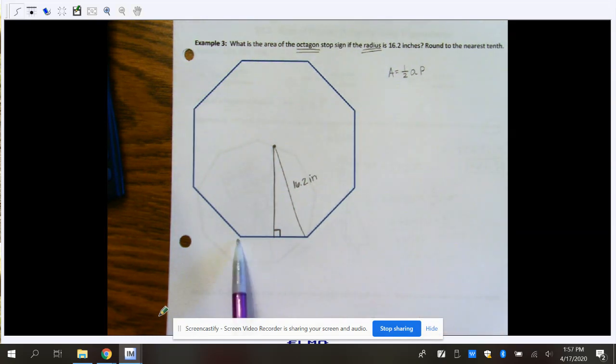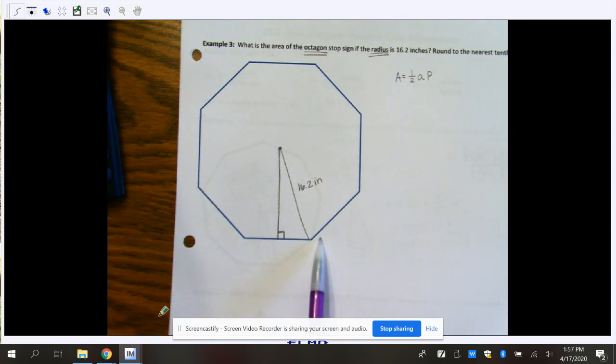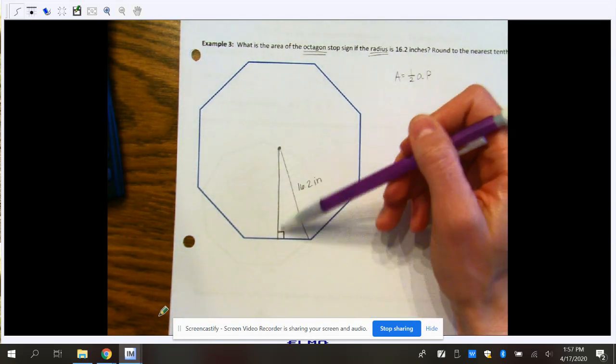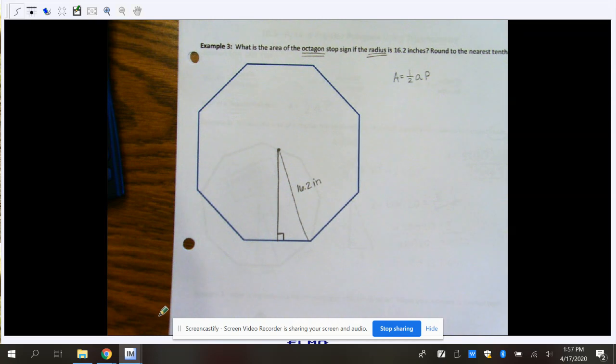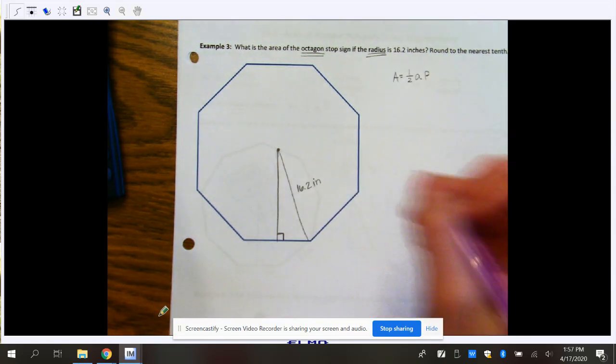I need to figure out what the side length is so I can find the perimeter, and I need to find the apothem. So we're going to have to do trig a couple of different times, or we could incorporate the Pythagorean theorem as well to help us find those two missing sides. But we're going to go ahead and start with trig.